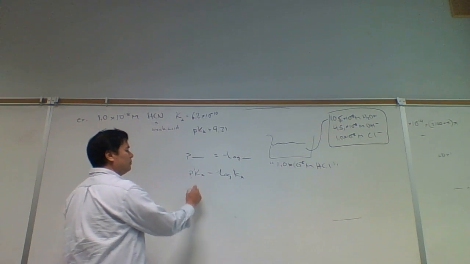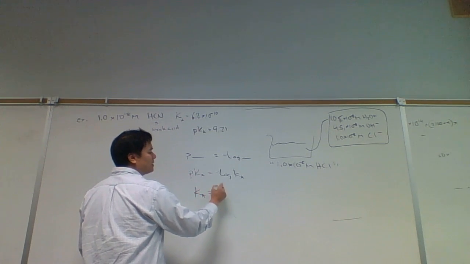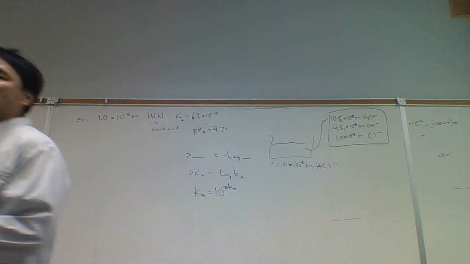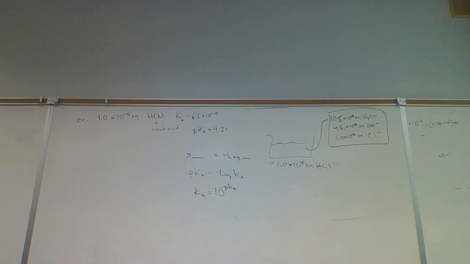And to convert it back, the Ka is the anti-log of the negative pKa. It's just a more compact way of writing things.